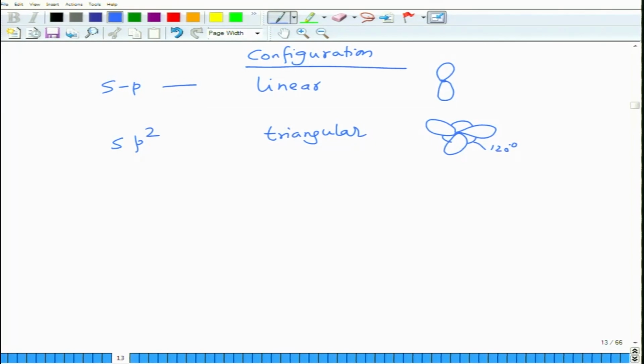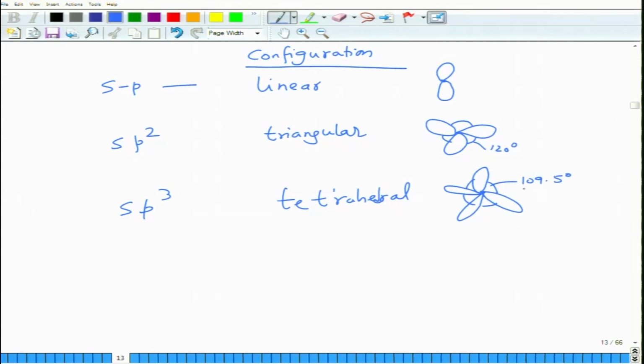For example, in graphite. And if you have tetrahedral, then it is sp3. That I showed you. You have one lobe here, another lobe here, another lobe here, another lobe here, and these angles would be close to 109.5 degrees. There are some others as well. For example, you can have sp3d and sp3d2, which I am not going to get into. They are more complicated to draw.